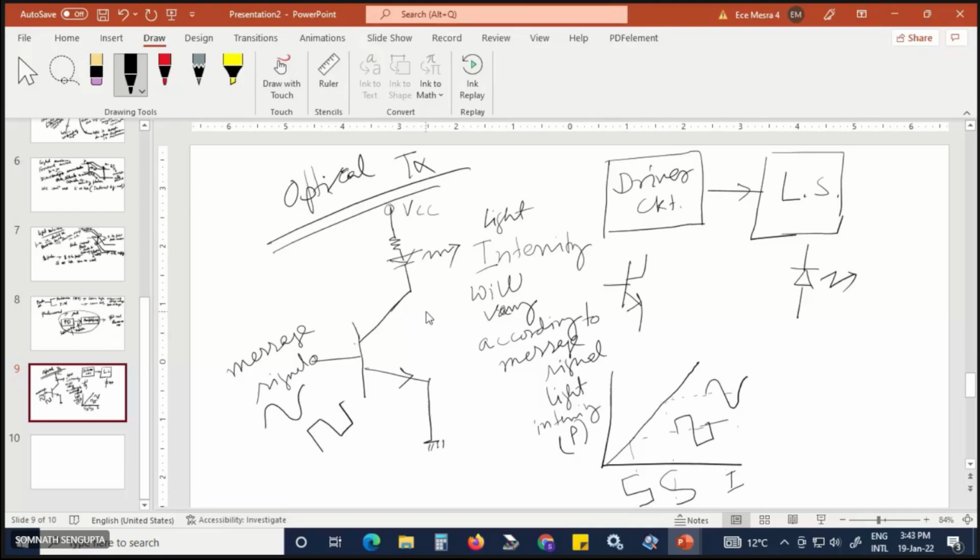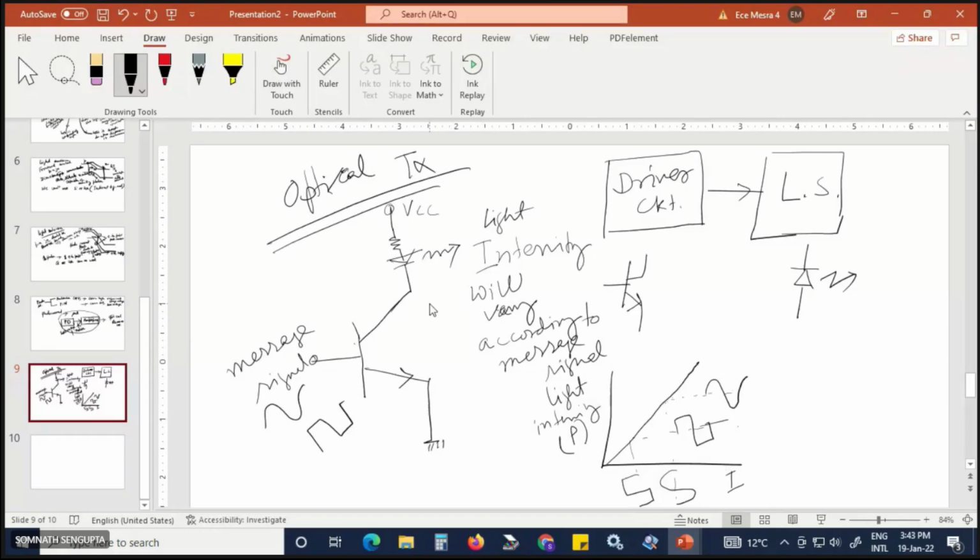When you give a square wave input, the signal does not change immediately from 0 to 1. Rather, it takes some time. That is called rise time. Rise time is dependent on the capacitance of the PN junction.